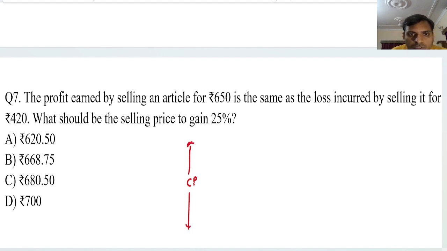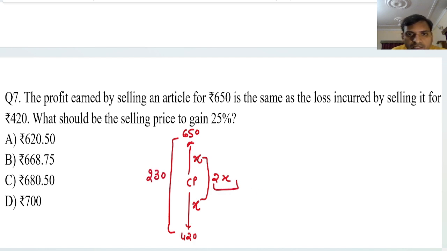So CP plus x, the selling price is 650, and CP minus x, the selling price is 420. So there is a gap of 2x and a gap of 230. So this 2x equals 230. So x is equal to 115.